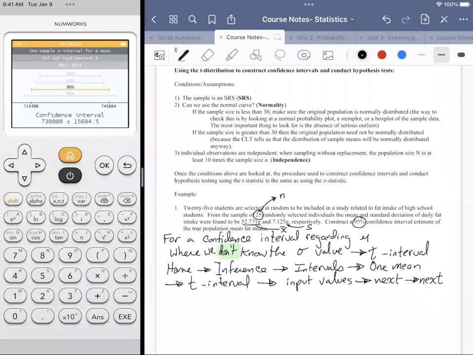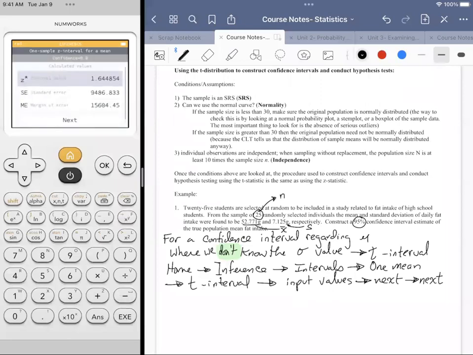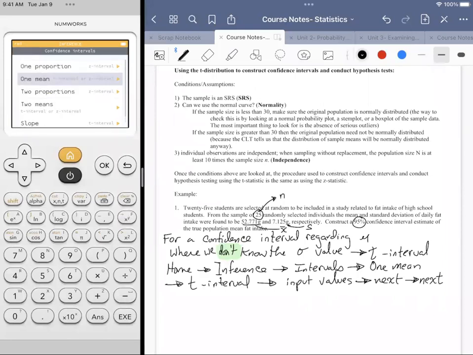So go back to my home. Too good for your home? I'm going to go to inference. I'm going to select intervals. All right, so intervals. I'm going to select one mean. This time it's going to be the t interval.